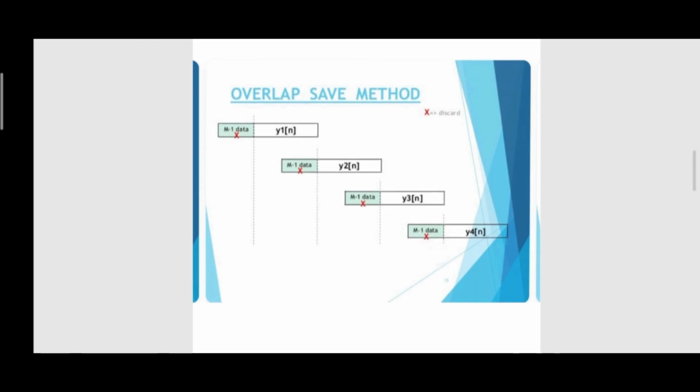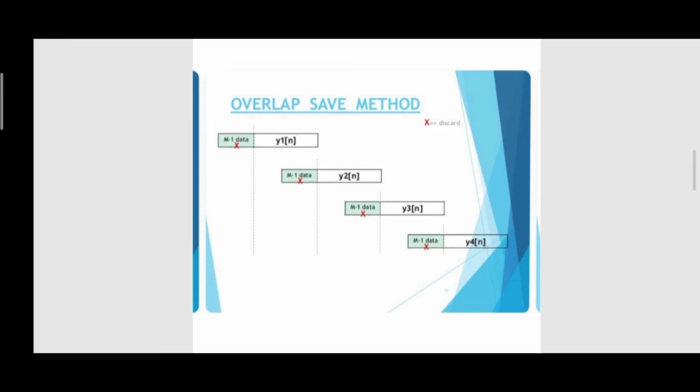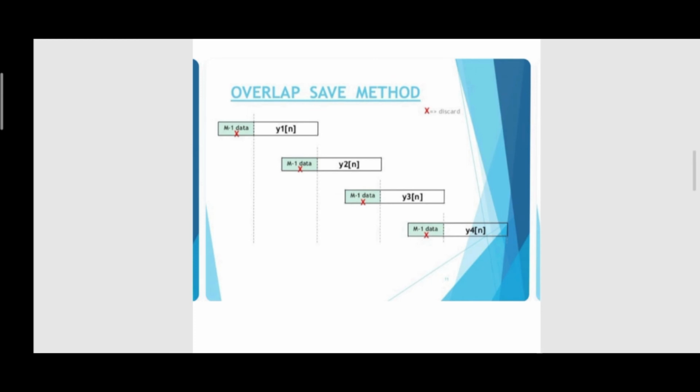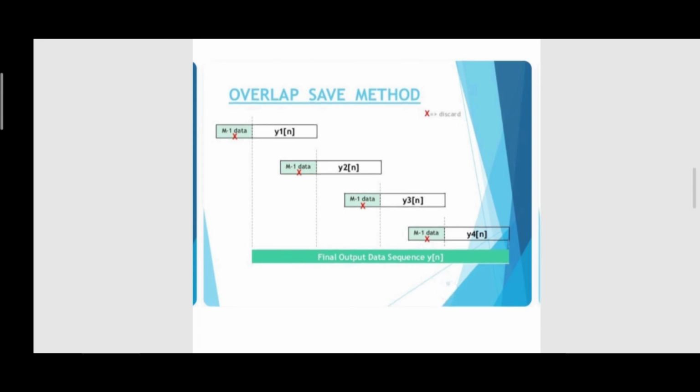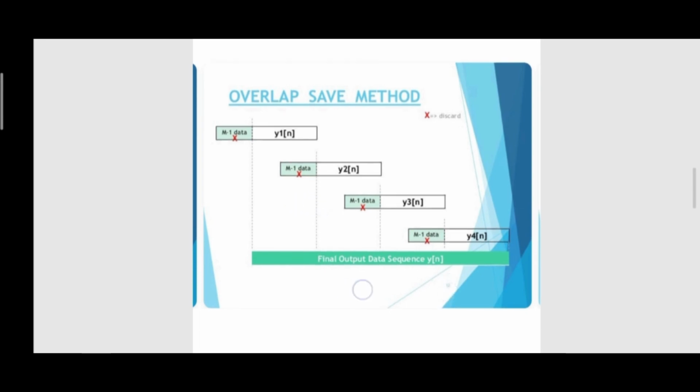In the overlap add method, we are overlapping M minus 1 number of samples and adding those samples. But in this overlap save method, we are discarding M minus 1 number of samples in every y of n value. The final output data sequence will be y of n.